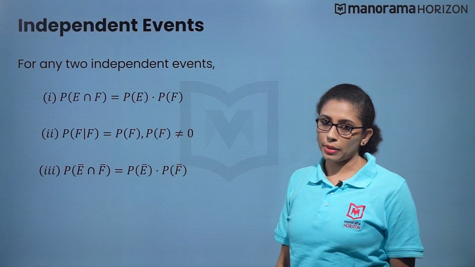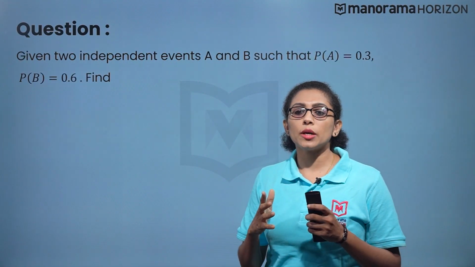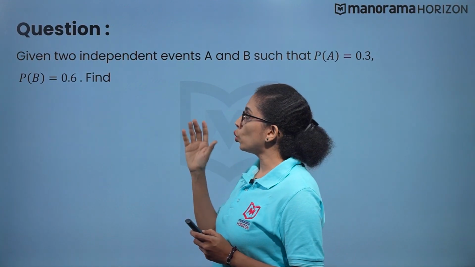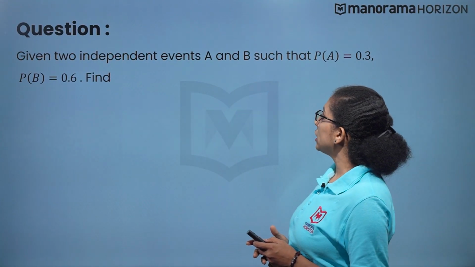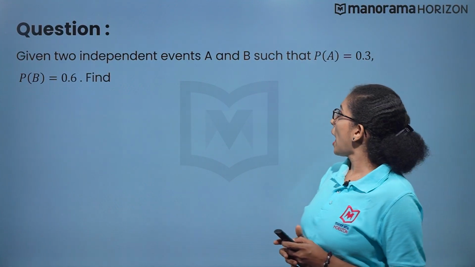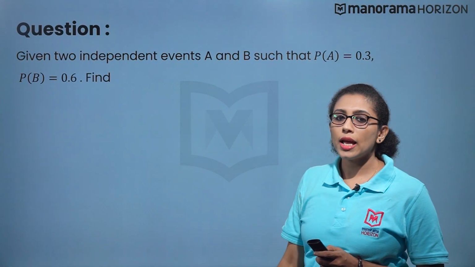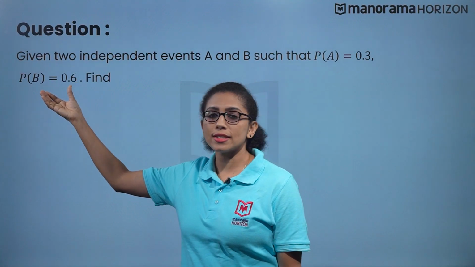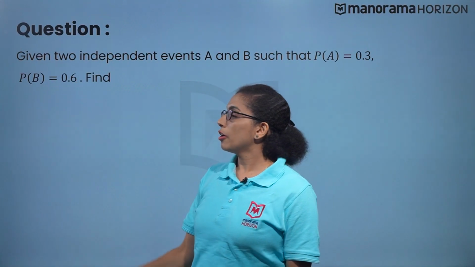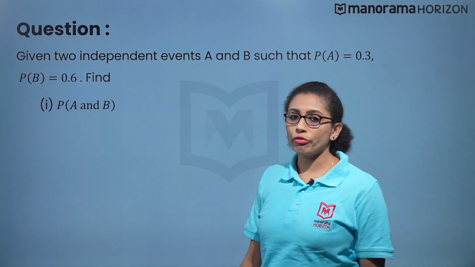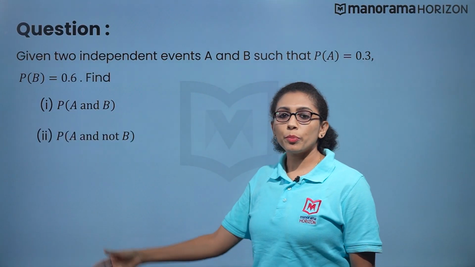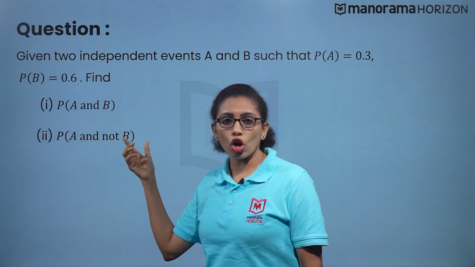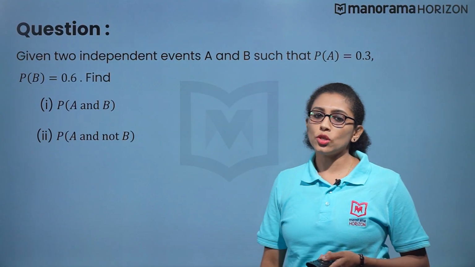Now, let us solve some questions. Given two independent events A and B such that the probability of A is given as 0.3 and the probability of B is given as 0.6, find the probability of first, A and B, and second, the probability of A but not B. Let's see the solution.